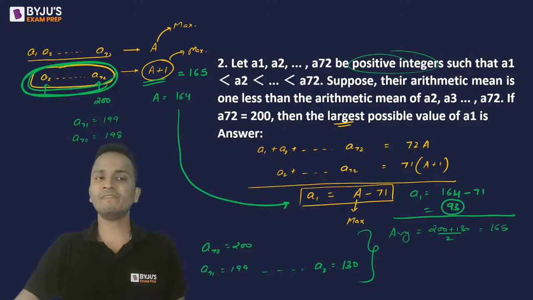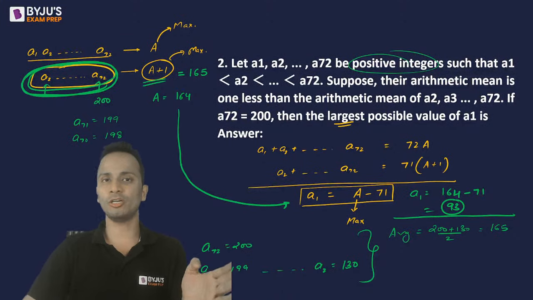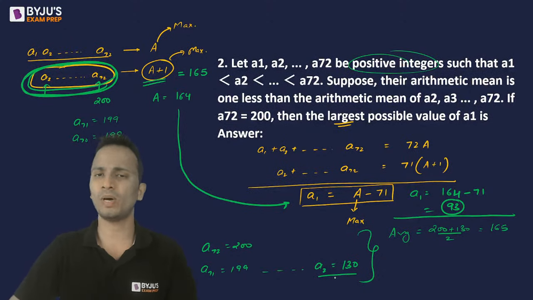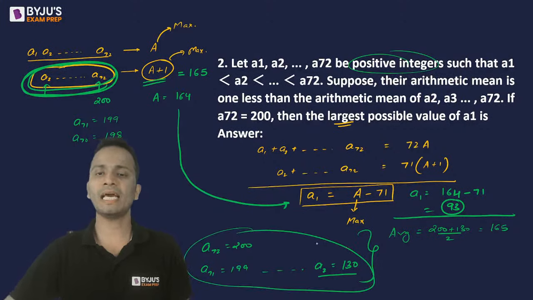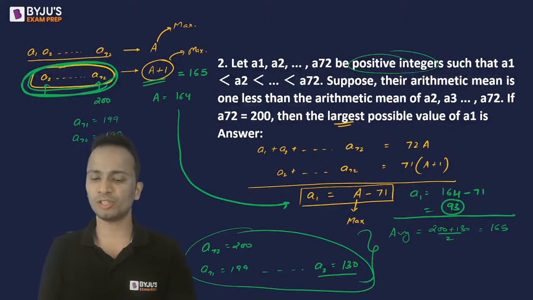Okay, A72 is 200. The other numbers can be considered as consecutive integers in decreasing order. And likewise, I'll get A2 as 130. Now, once you have got the values of all of them, I'll calculate their average, which is A plus 1. From that, I'll get the value of capital A and will substitute it.